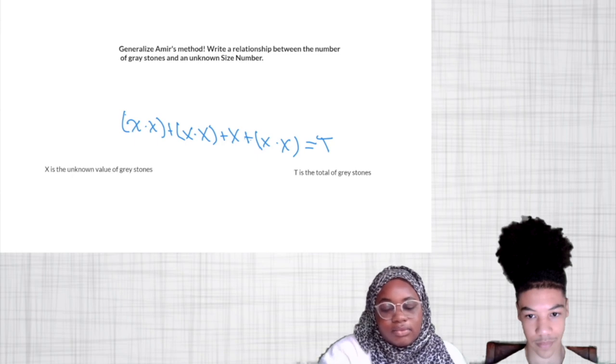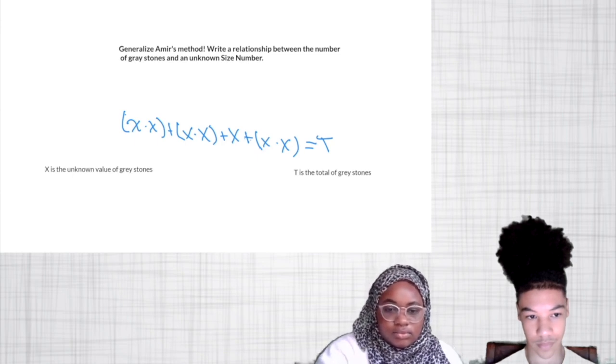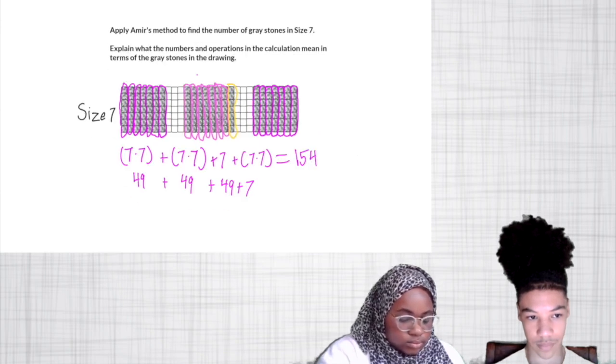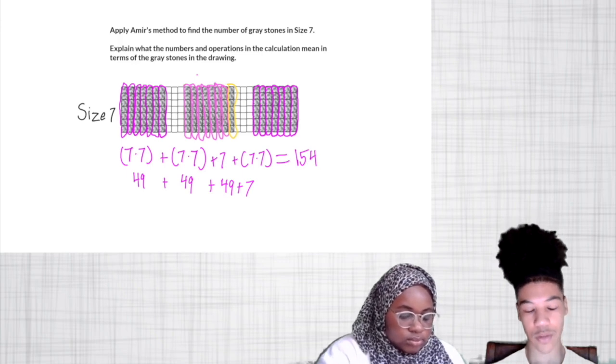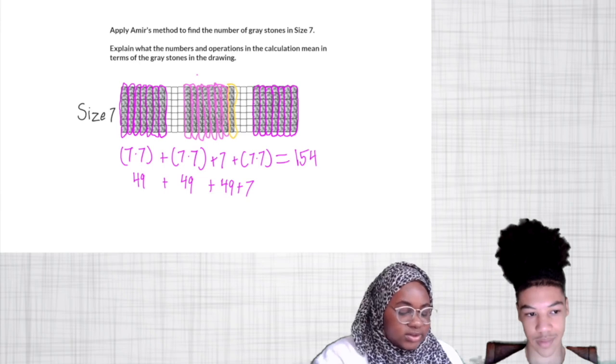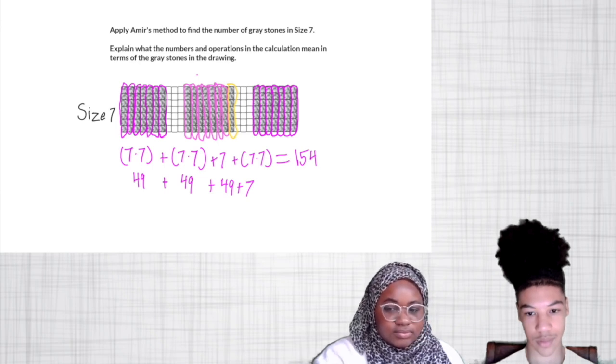So when you say X is the unknown value of gray stones, when X was 7, what did that mean here? What do you mean by the unknown value of gray stones? Like if we didn't know this was 7. Or the correct term would be the unknown size number.